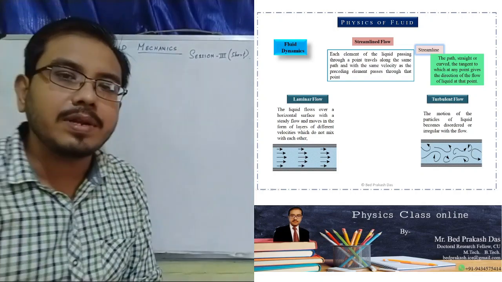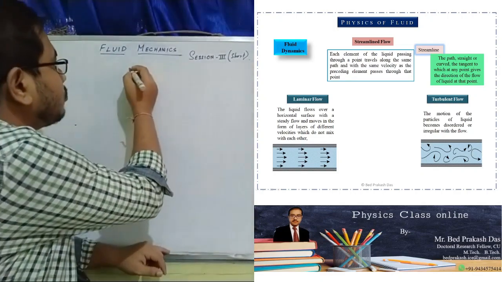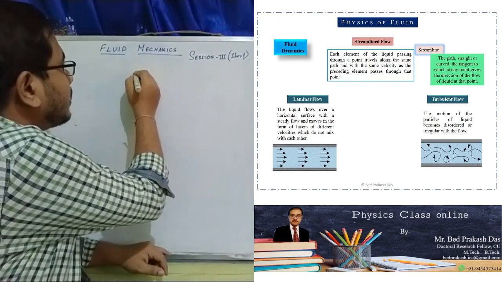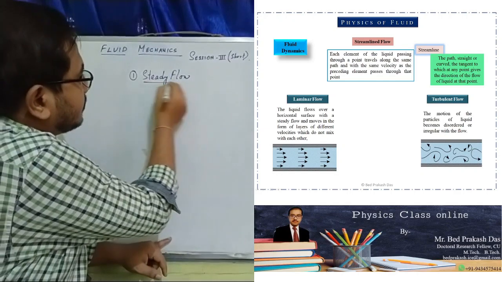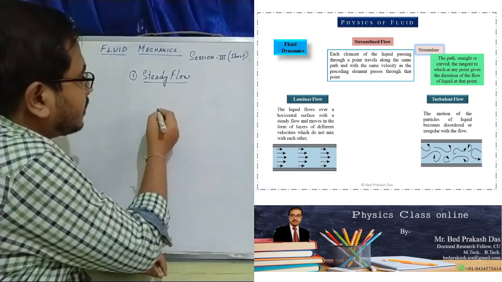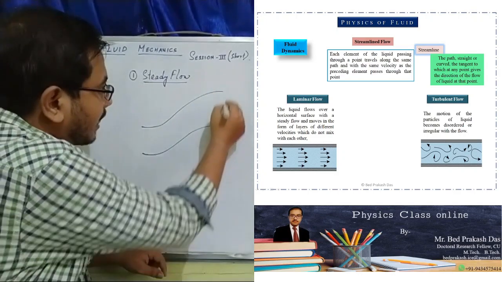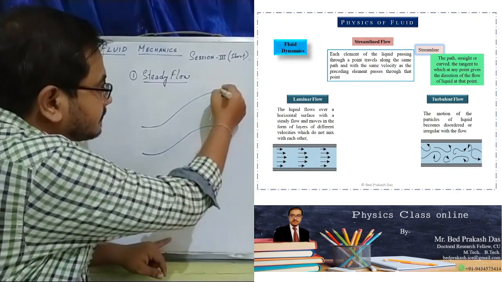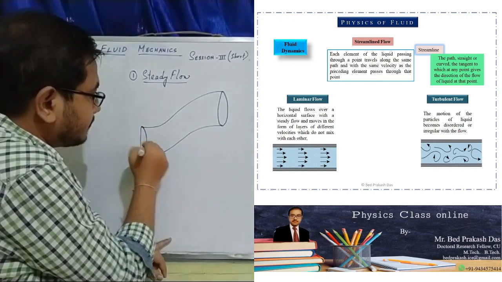Now, how does a fluid maintain its steadiness? Let's see this. First, you have to know two points. One is steady flow. Consider a fluid pipe like this having different cross-sectional areas.